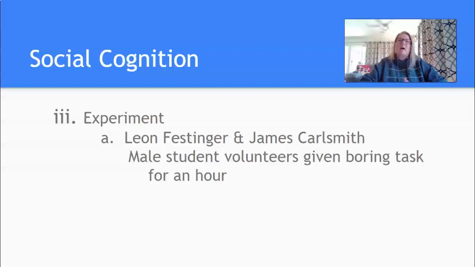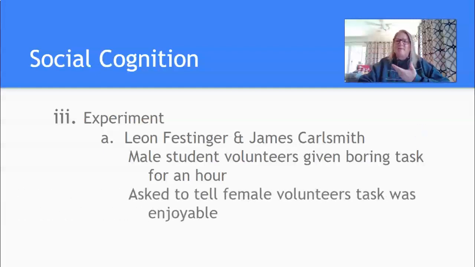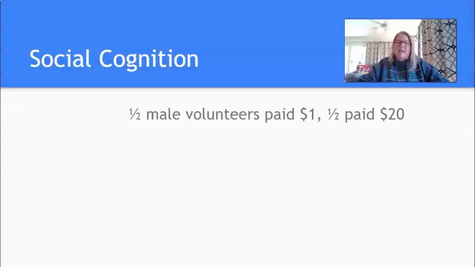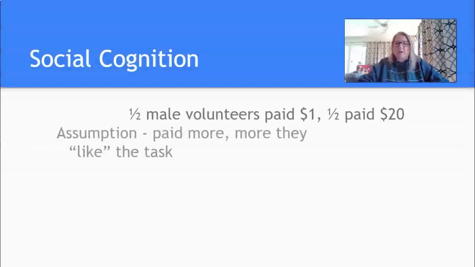Their task was to sort wooden spoons or spoons of some sort. I don't know why I always say wooden. But they were asked to tell female volunteers after the hour was up that the task was really fun. Okay? Now here's what they added to the whole experiment: half the male volunteers they paid $1 and the other half they paid $20.